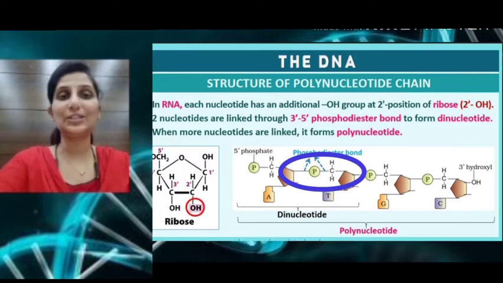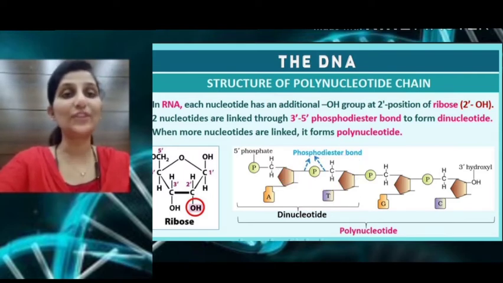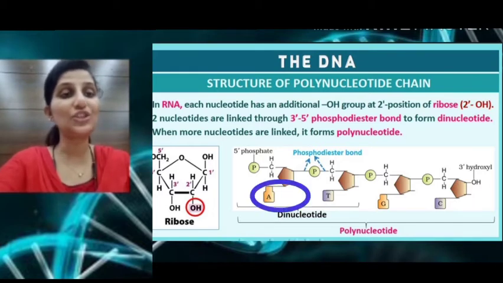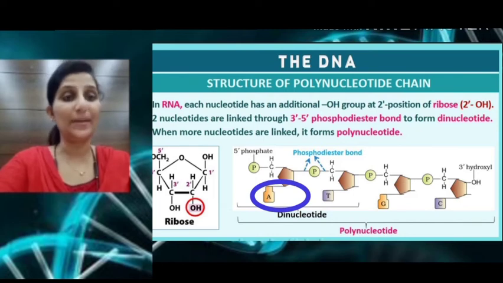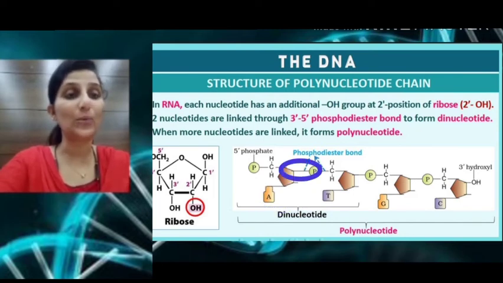We learned just now that a phosphate group is attached to the fifth carbon atom by means of a phosphoester bond. And in this figure, we can see that in the first nucleotide, which has an adenine attached to the first carbon atom, there is a phosphate group attached at the third carbon atom.